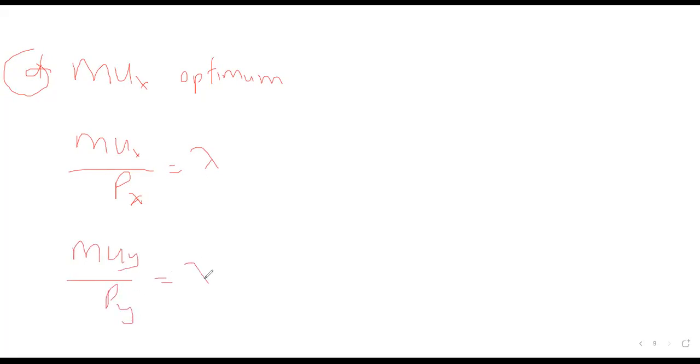This is the Lagrangian multiplier. So when you cross multiply, the marginal utility at the optimum for x is lambda times the price of x. We just calculated lambda as 0.05, and the price of x is 10. So here at the optimum, we're going to get 0.5 utils.